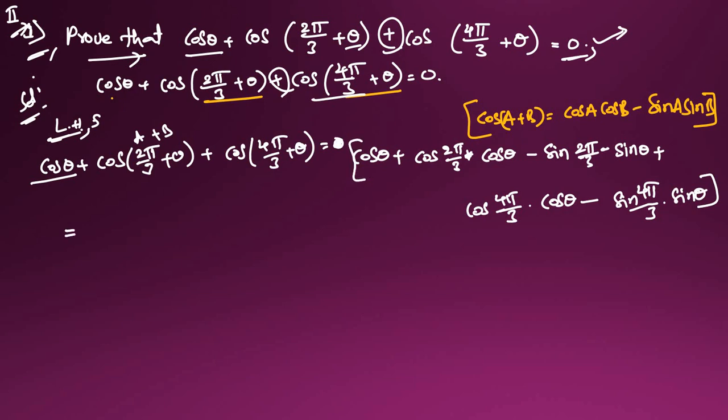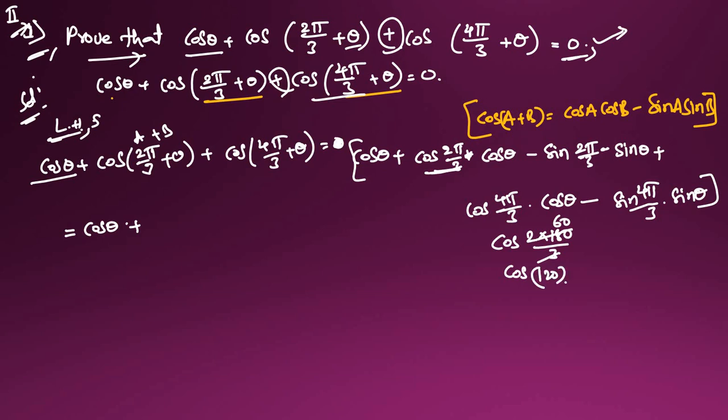And from this I'll start from here. Cos theta will remain like that only, and plus cos 2 pi by 3 is equal to how much? First we will find cos 2 pi by 3. Pi is equal to 180, so 2 into 180 divided by 3: 3 ones are 3, 3 twos are 6, so 120 will come here.